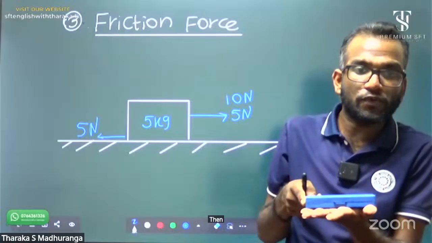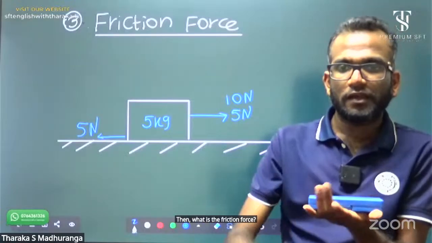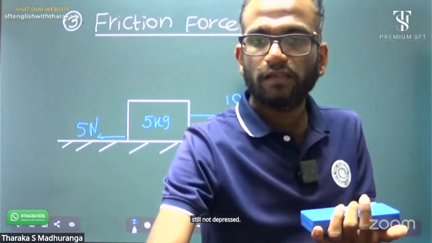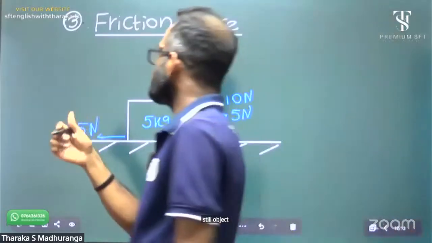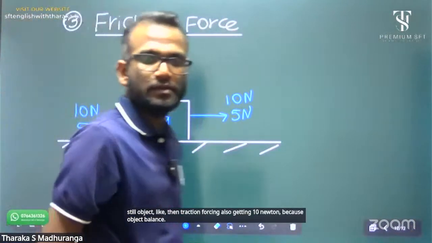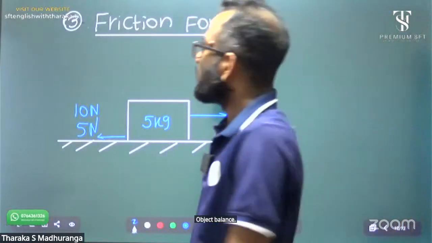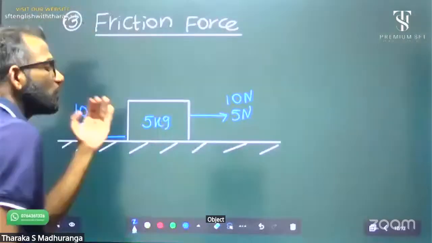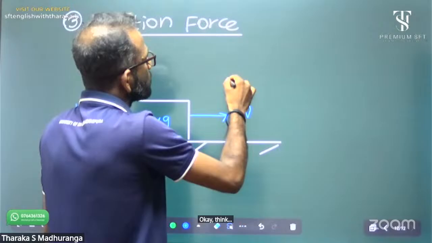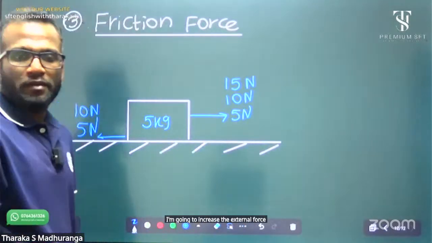Still the object rests. Then the friction force is also 10 Newton because the object is balanced. Okay, think I am going to increase the external force up to 15 Newton.